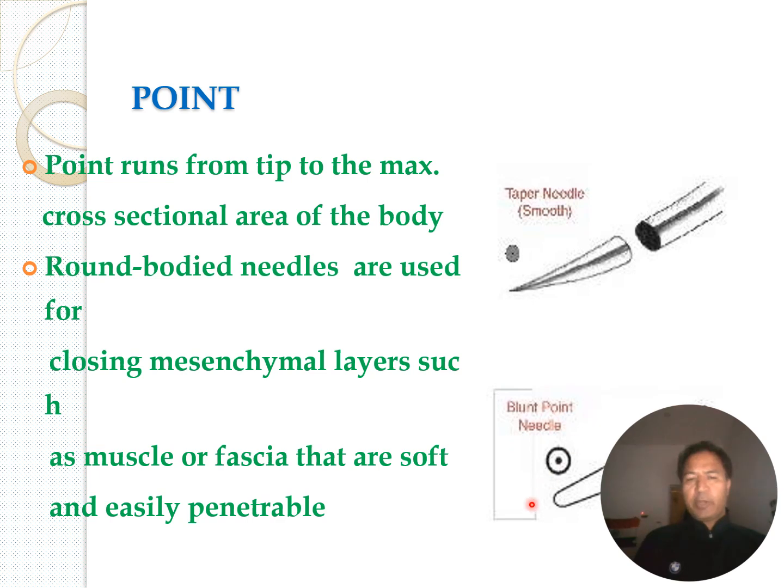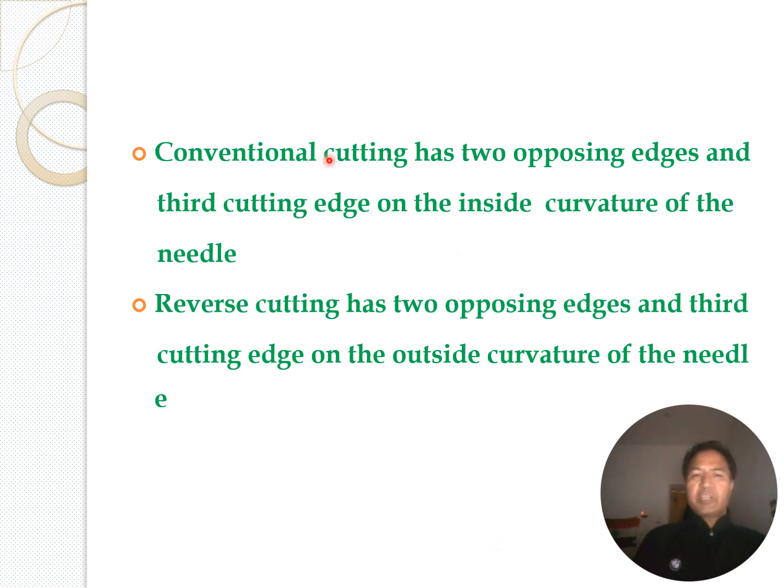This is a blunt point needle. Conventional cutting has two opposing edges and a third cutting edge on the inside curvature of the needle. Reverse cutting has two opposite edges and a third cutting edge on the outside curvature of the needle.